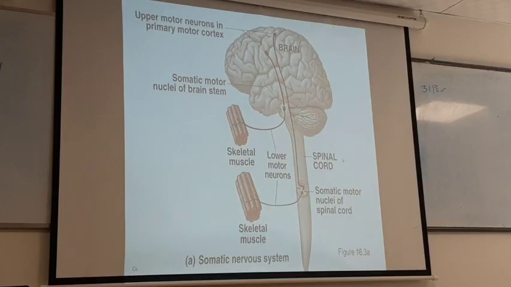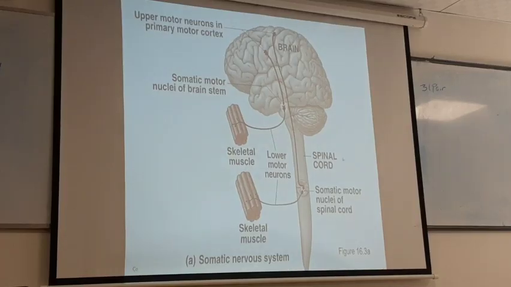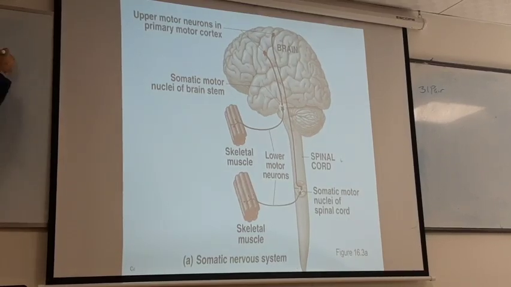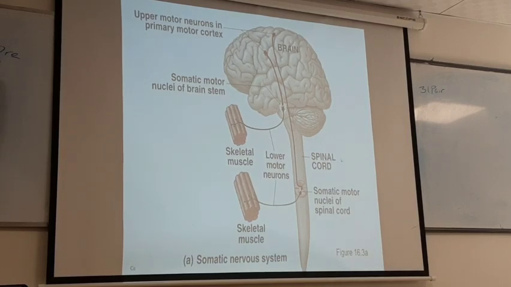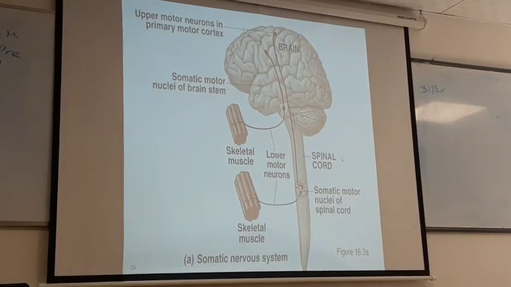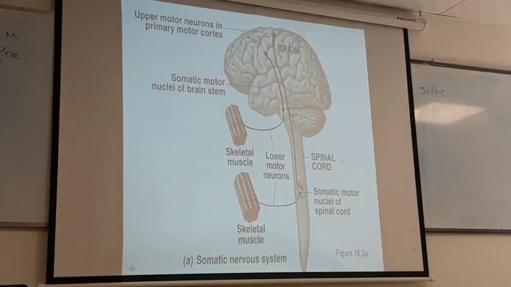The primary motor cortex is in the precentral gyrus. This is sensory, this is motor. The precentral gyrus is the region for the primary motor cortex.